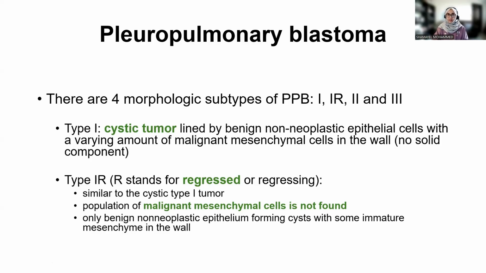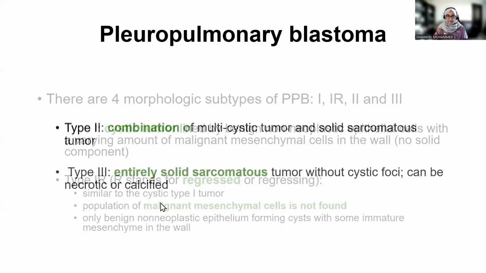Histological examination showed cystic cavities with columnar epithelium, however, no mesenchymal, atypical rhabdoid cells were identified. So these were considered as type 1 regressed cysts.